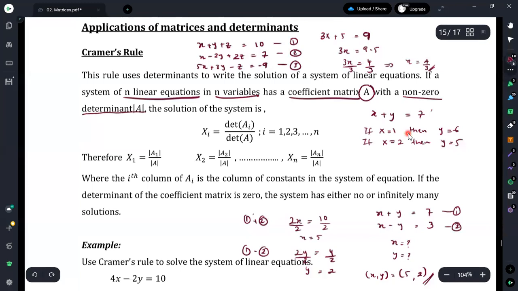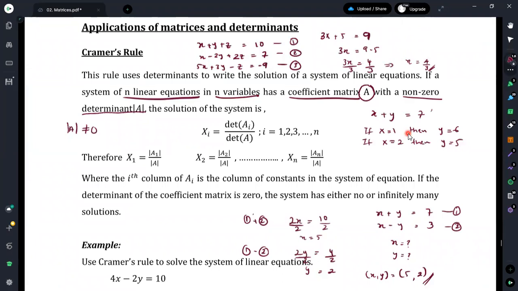Only if it has a non-zero determinant do we go to the next step of calculation. Therefore, if the determinant of A is not equal to 0, then we continue the calculation further.